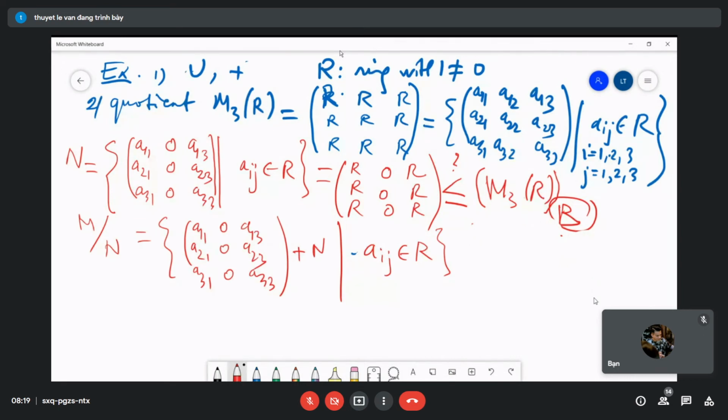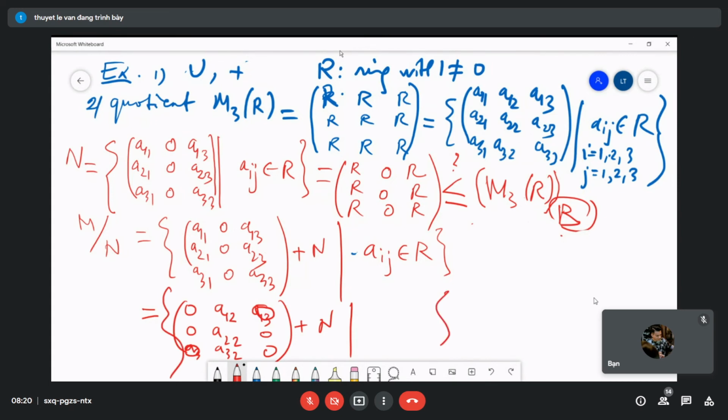When you add this and this one, that is equal to what? Here it is only here. So that is equal to 0, a12, a31, and sorry, here is 0, and here is a22, and here is 0, and here is a30, and here is a32, and 0, plus N. Okay, why is this equal?